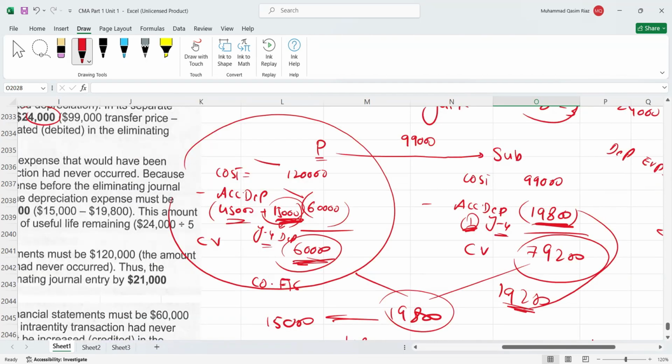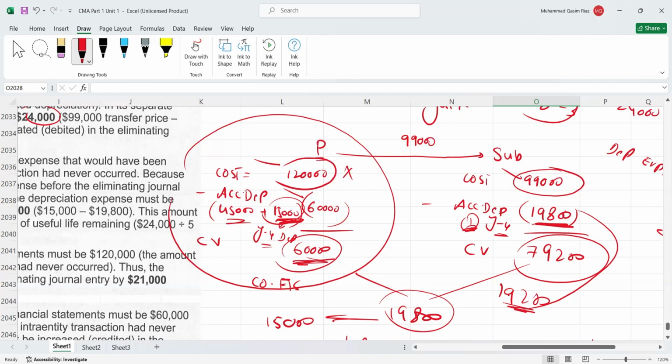Okay, now the cost of the asset, guys. Original cost was 120,000 and the subsidiary's cost is 99,000, because we eliminated this when the parent sold the asset, and it was recorded by the subsidiary when it bought it. But we have to think as if this intra-entity transaction had never occurred.